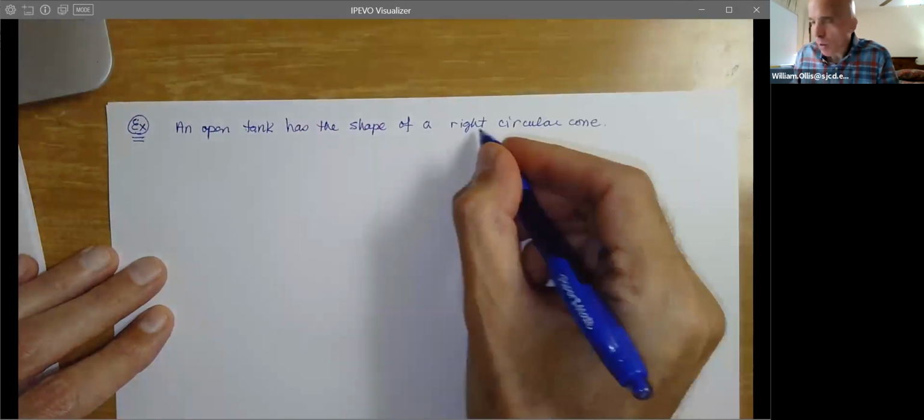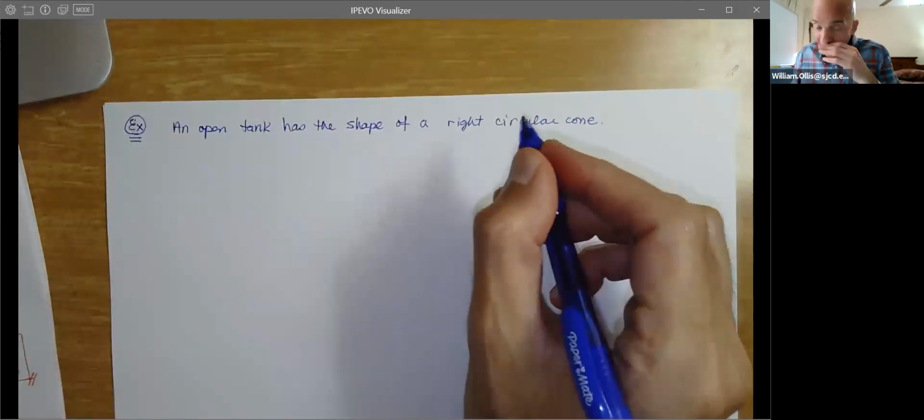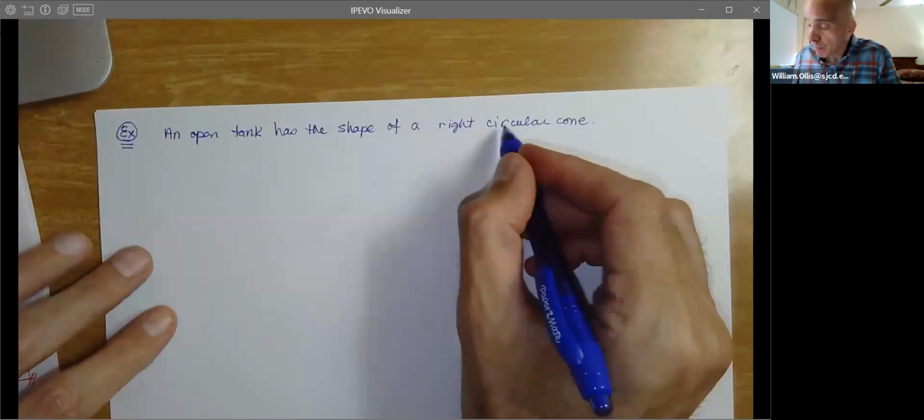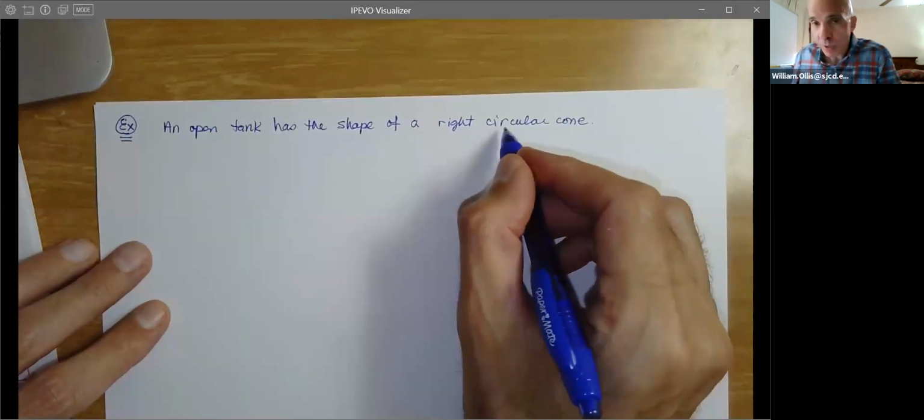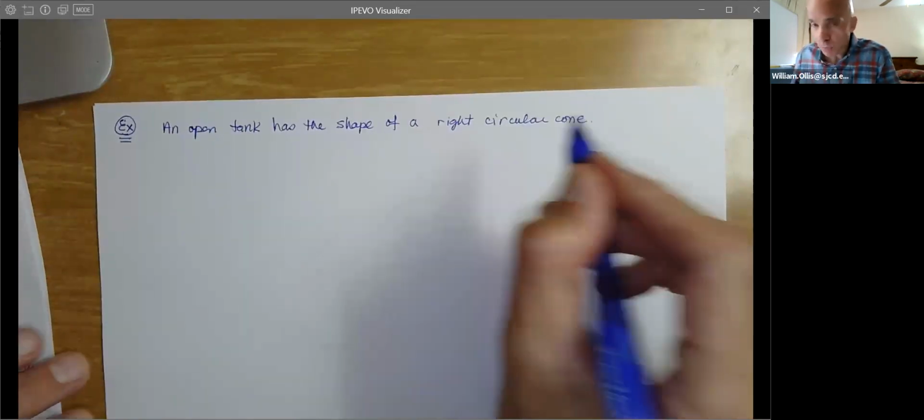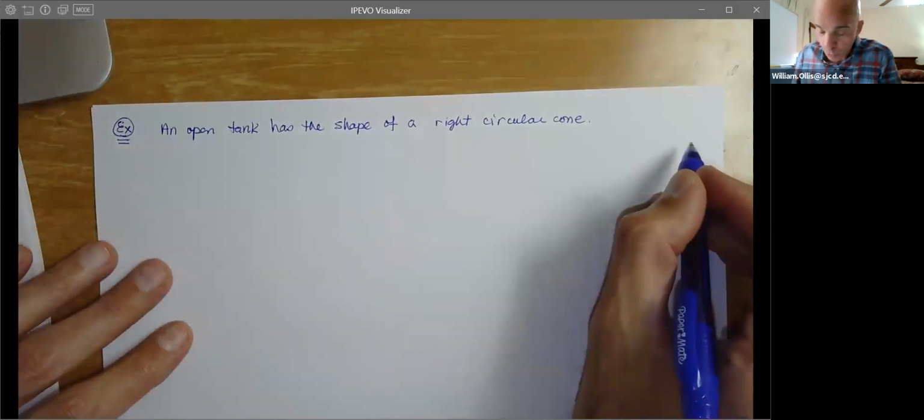Again, we always do right circular cones. We don't want them to be slanted or anything. This is our geometry that we depend on. You do the same, like I say, in Calculus 3.